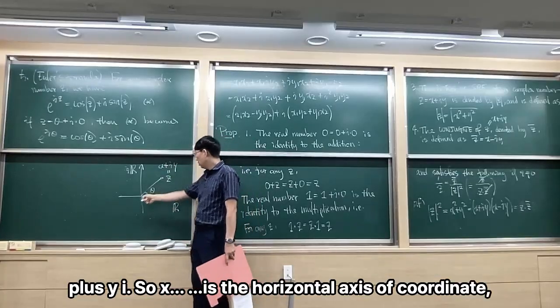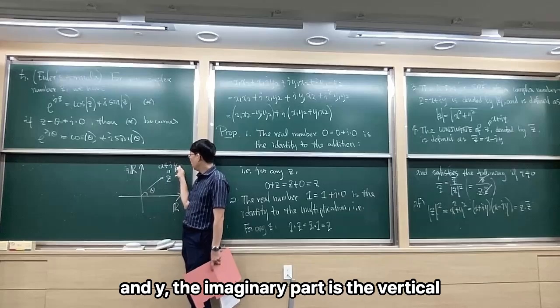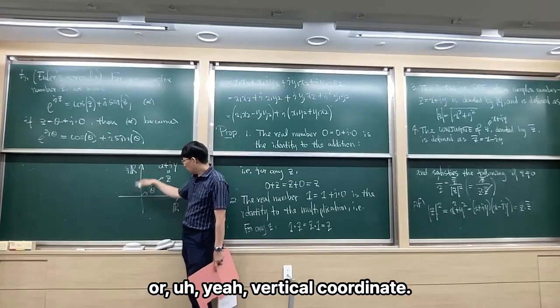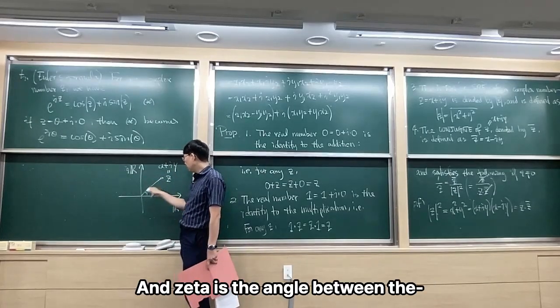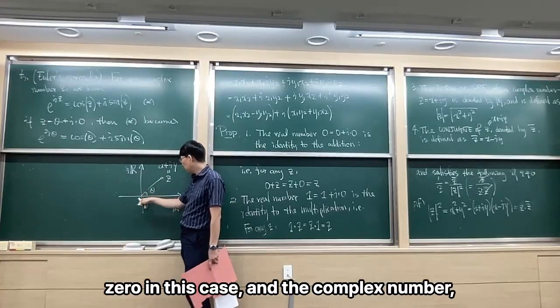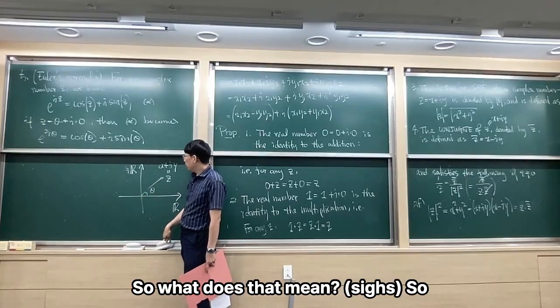So x is the horizontal coordinate, and y, the imaginary part, is the vertical coordinate. And theta is the angle between the line connecting the origin, 0 in this case, and the complex number, and the positive x-axis here. So what does that mean?